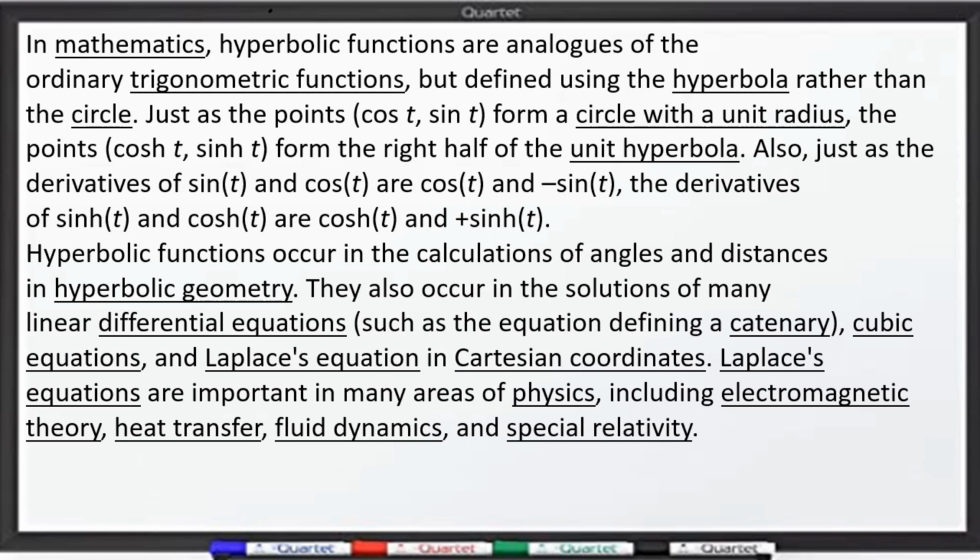Also, just as the derivatives of sine t and cosine t in the trigonometric functions are cosine t and negative sine t respectively, the derivatives of hyperbolic sine t and hyperbolic cosine t are hyperbolic cosine t and positive hyperbolic sine t respectively.